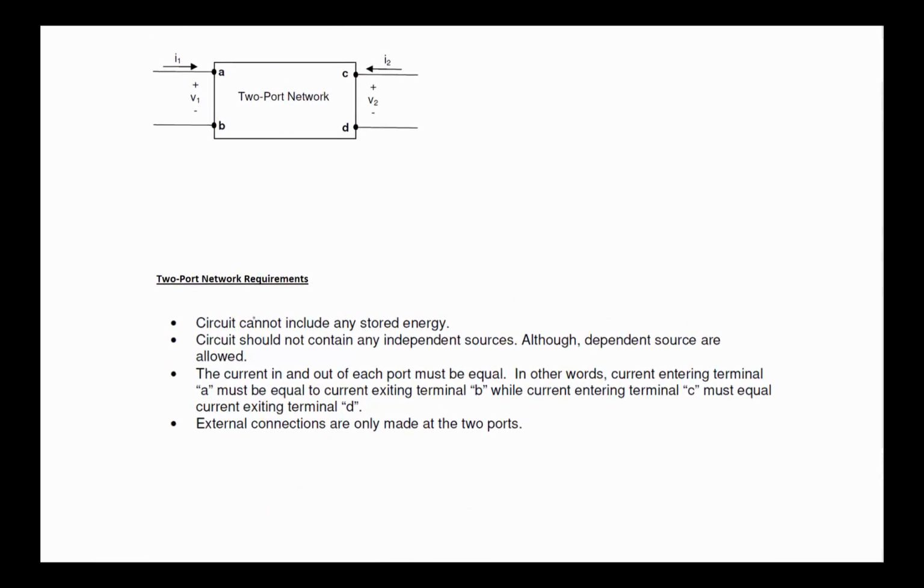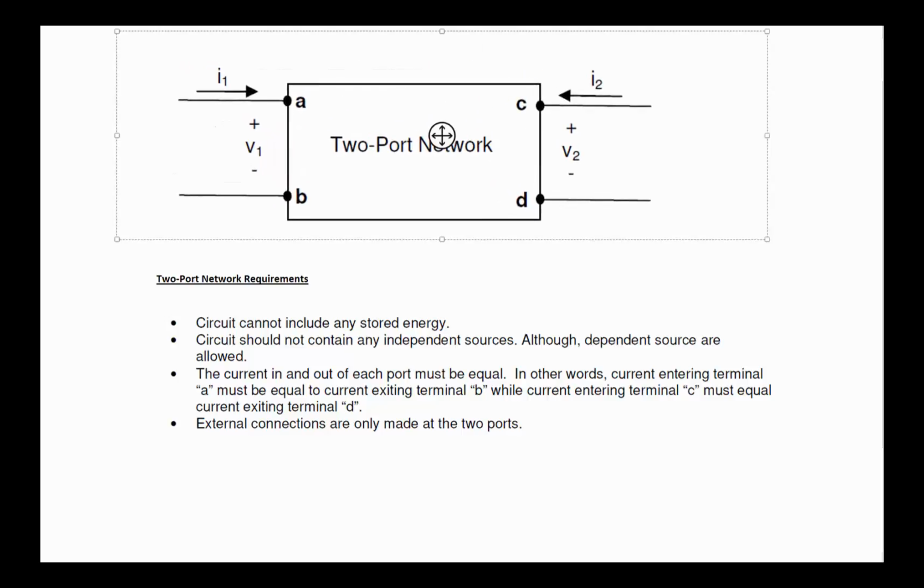First of all, the circuit inside the two-port network cannot include any device that stores energy. Just to back up, it could include R, C, L, and dependent supplies of any sort.